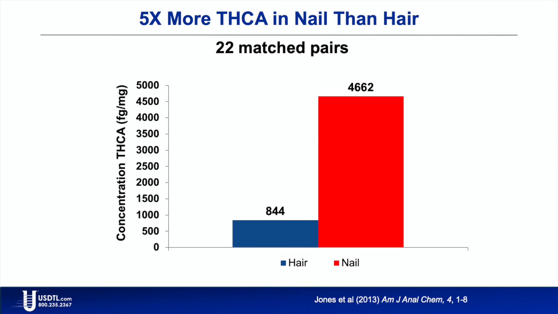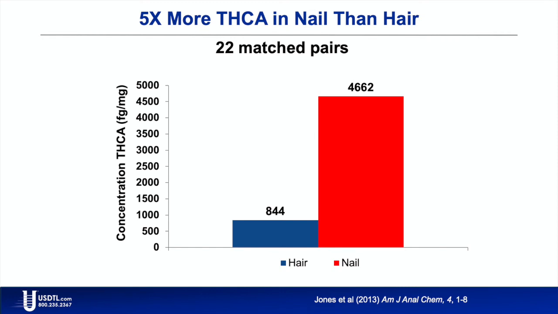And we've all struggled with the fact that hair testing can be a challenge when it comes to marijuana sensitivity. Because of the additional thickness of the fingernail, it's preserving more of the carboxy-THC, and the effect of hair color is equal on both sides. There is no color in the nail.